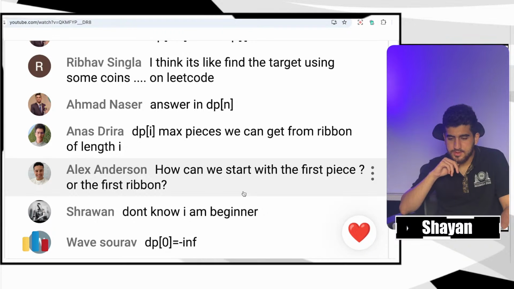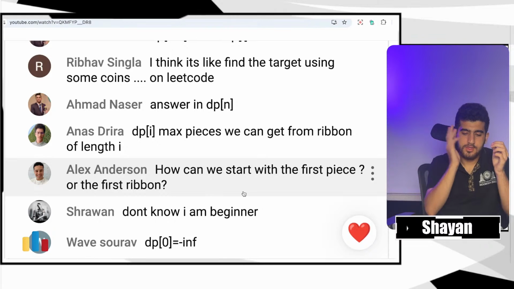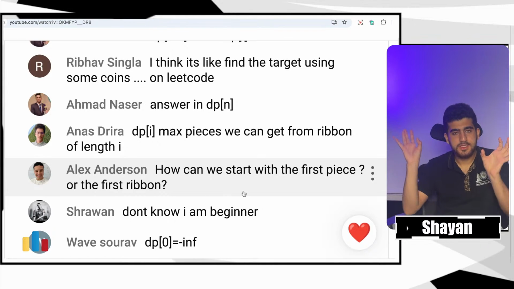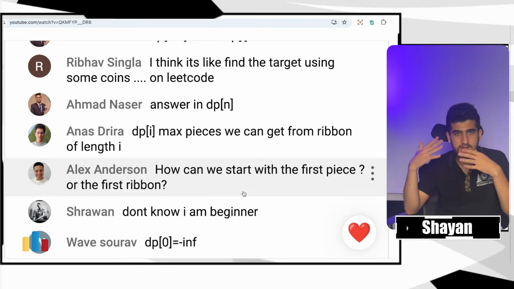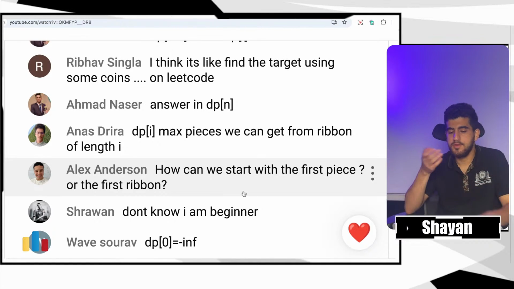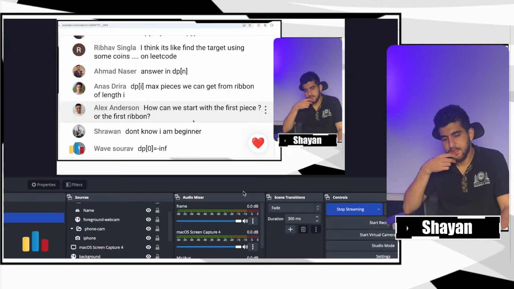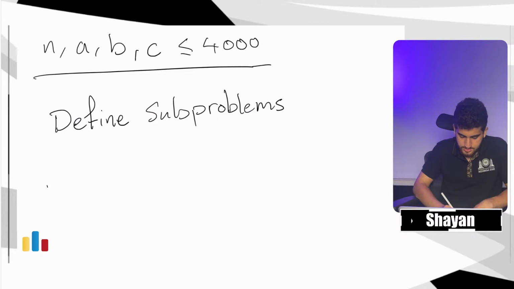How can we start with the first piece or the first ribbon? We have a ribbon, we want to cut it into several pieces such that each piece is going to have length A or B or C, such that at the end the number of pieces will be maximum. So yes, dp of I can mean this.